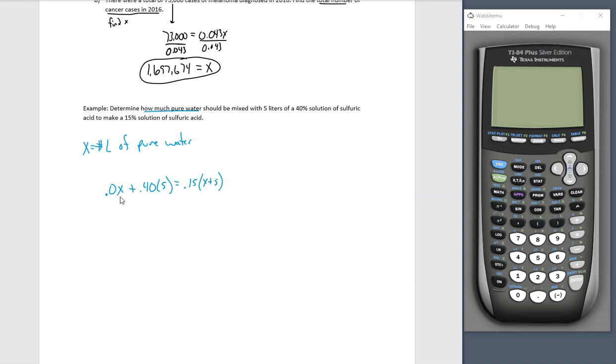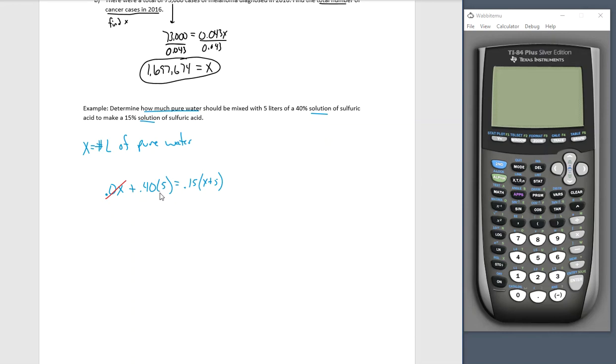Now this looks a little weird. Why would I call it 0.0x? These are solutions. I want a solution. Water has to be written as a solution. Pure water has no sulfuric acid. So this 0.0 is exactly what you think it is. That does not contribute.